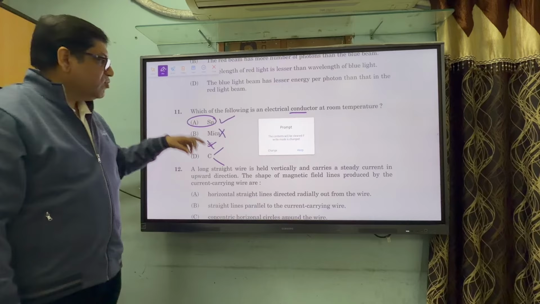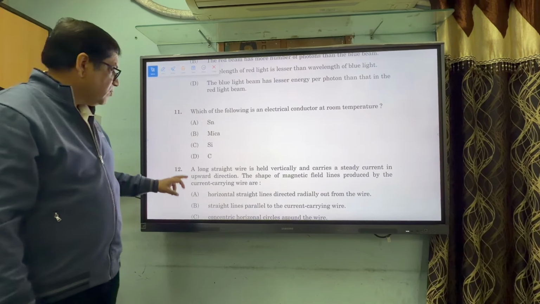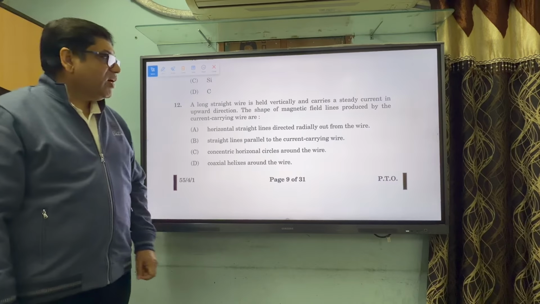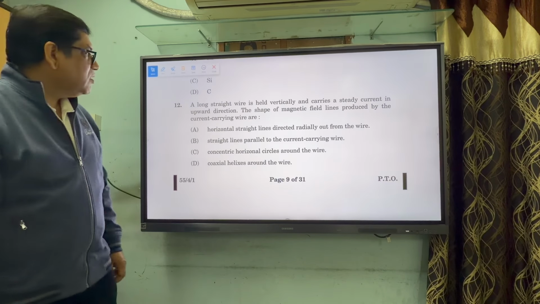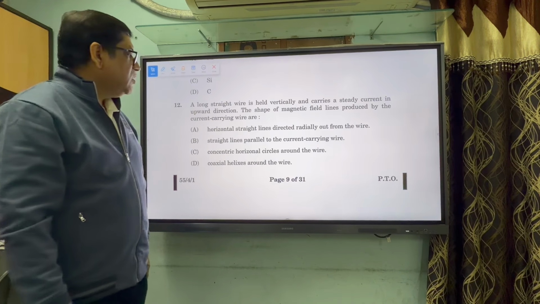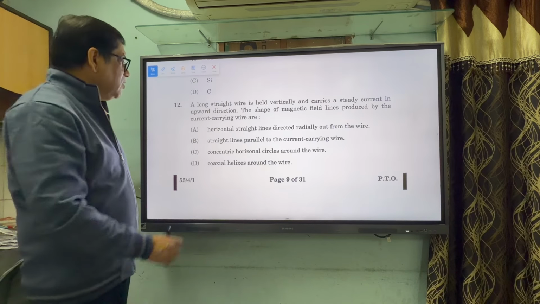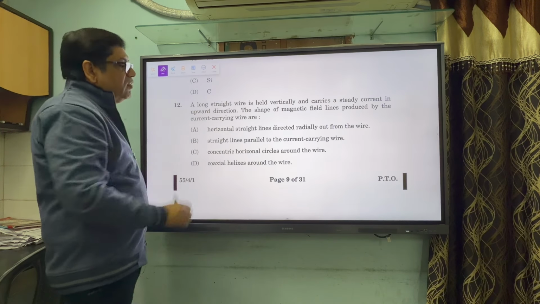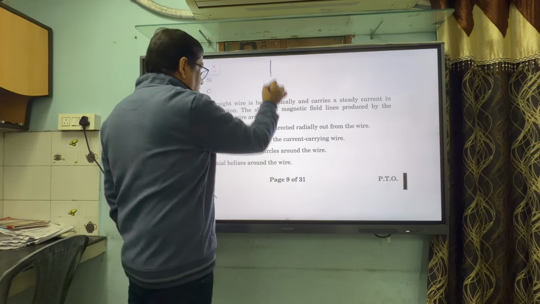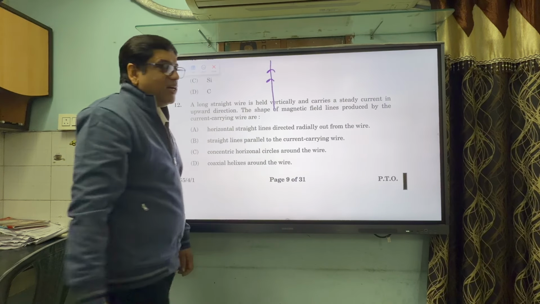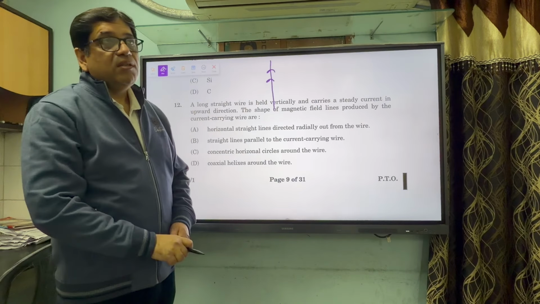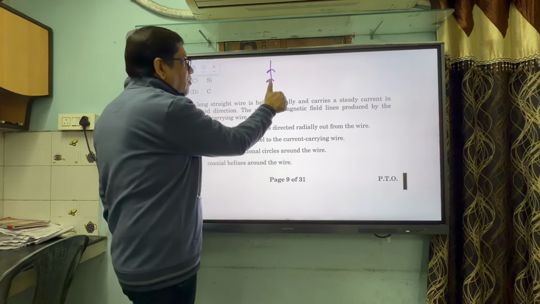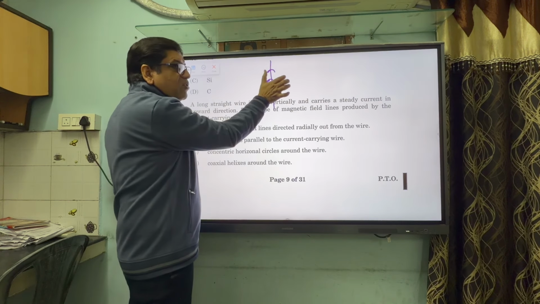Now we go to the next question, question number 12. A long straight wire is held vertically and carries a steady current in upward direction. The shape of the magnetic field line produced by the current carrying wire. So if the wire is carrying current like this, magnetic lines will be circular. We can keep the thumb in direction of current and fingers will tell you the direction of magnetic line.